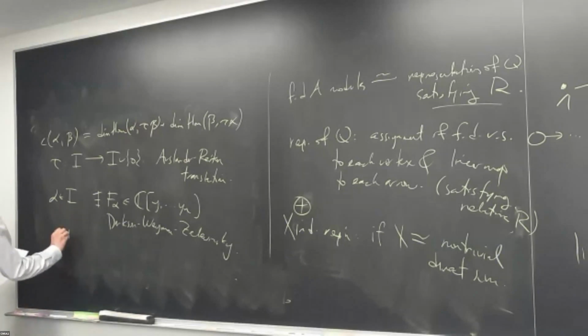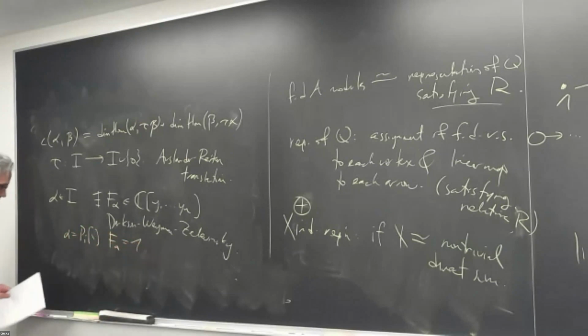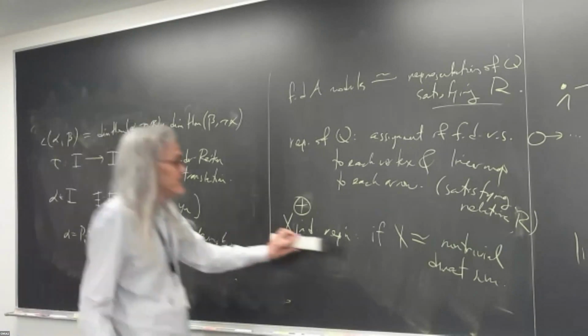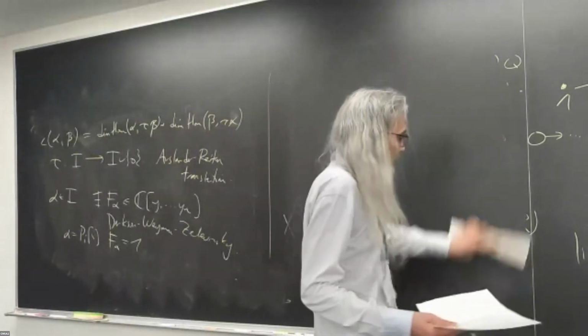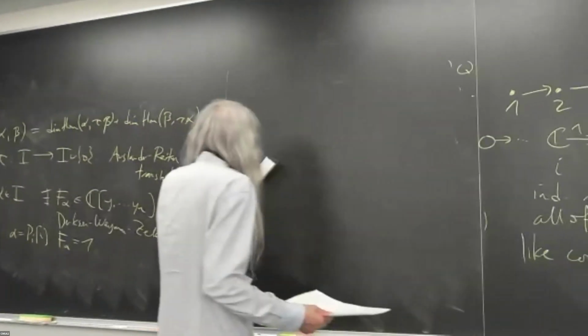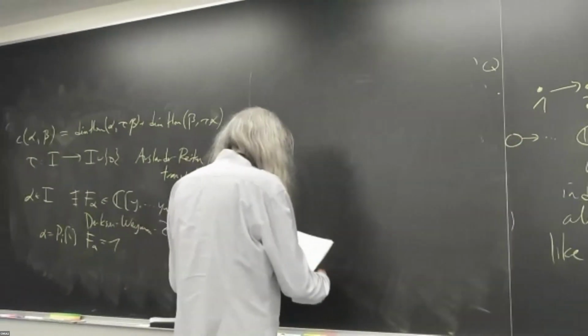So for alpha being one of the shifted projectives, we just say that F alpha is 1, so that's boring. The meat of the matter is what the F polynomial is when alpha is an honest representation.